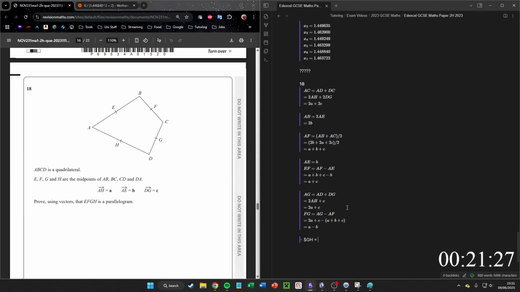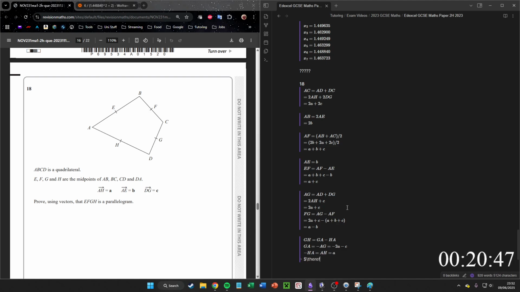GH is equal to GA minus HA. And GA is equal to minus AG, which is equal to minus 2a minus c. HA, so we can say minus HA is equal to AH, which is equal to a.